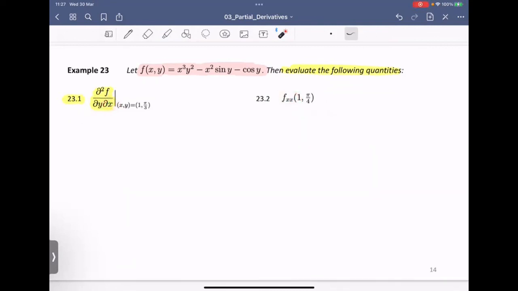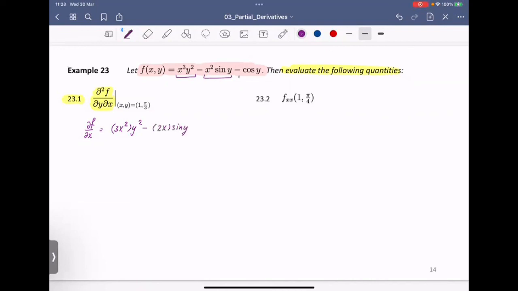So first, you take the derivative with respect to x. What would you get? The first term gives 3x squared times y squared. The second term, x squared sine y, gives 2x times sine y.